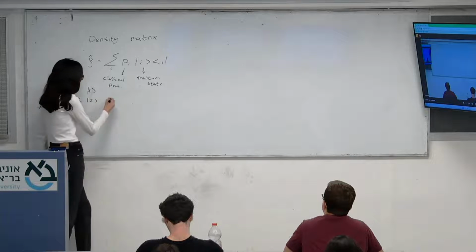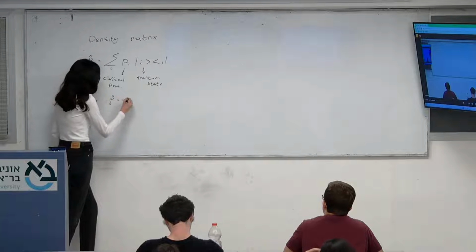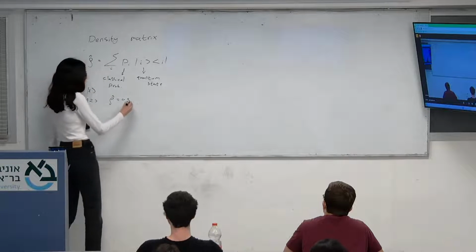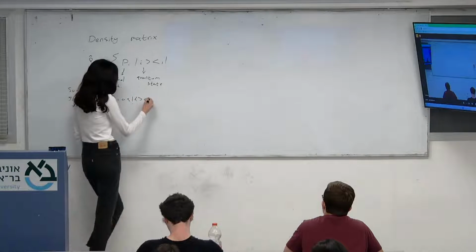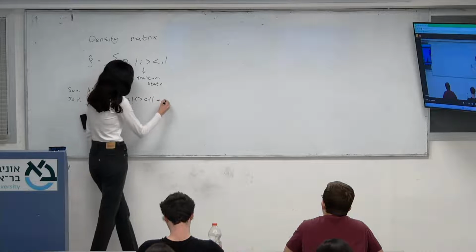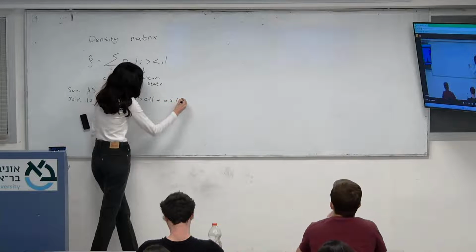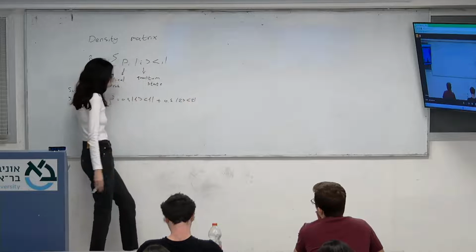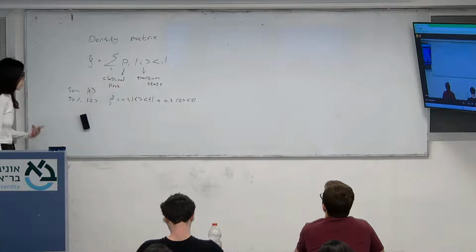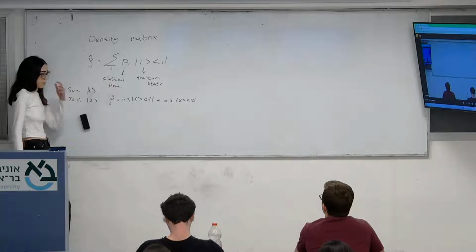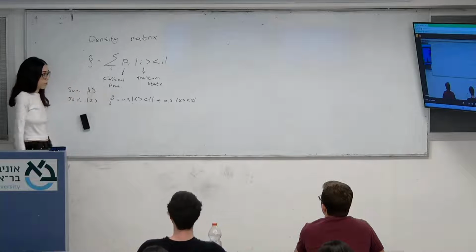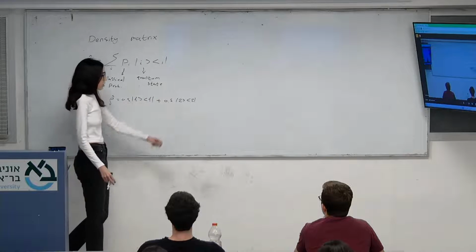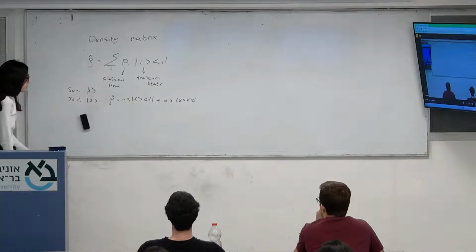So this is going to be 0.5 in the probability multiplied by 1 plus 0.5 multiplied by 2. So of course we're not always going to take a single eigenstate. We're going to look at what happens when you have superposition, but this is just an example.